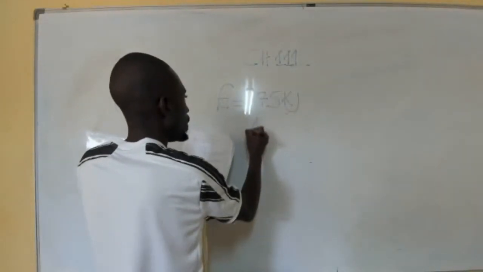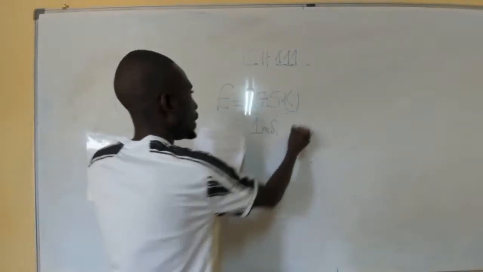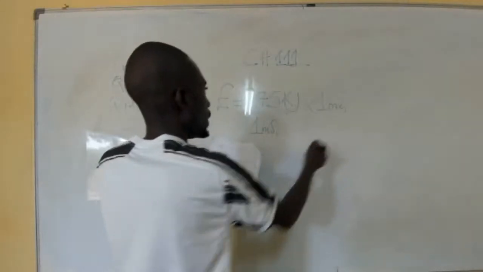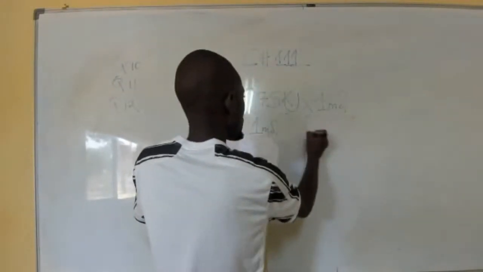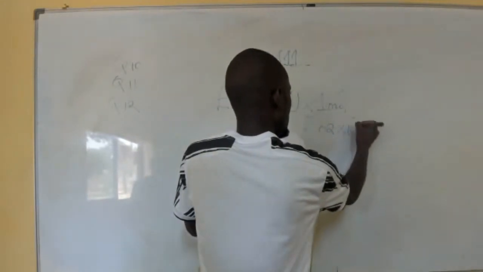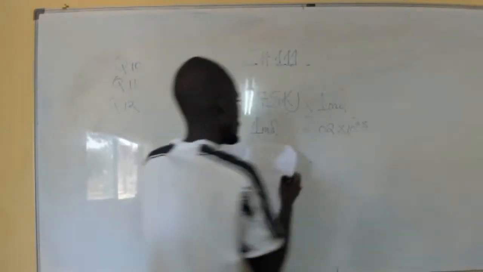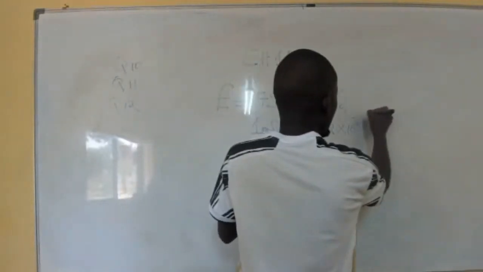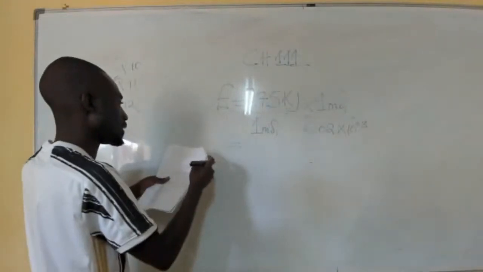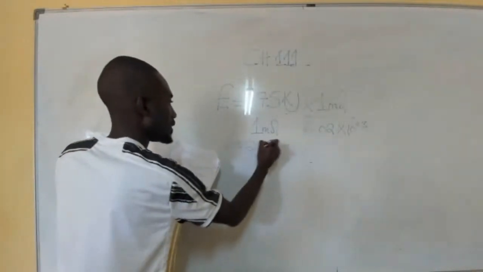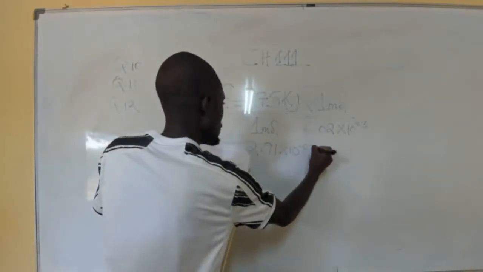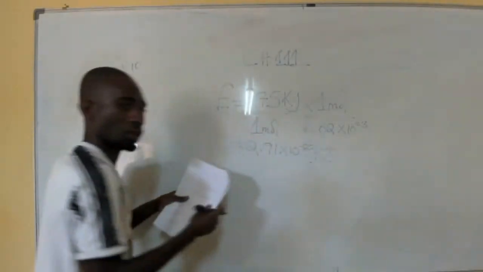This is 1 mole times 1 mole, then this has to be divided by 6.02 times 10 to the power 23. So this will give us 2.91 times 10 to the power negative 22 kJ.